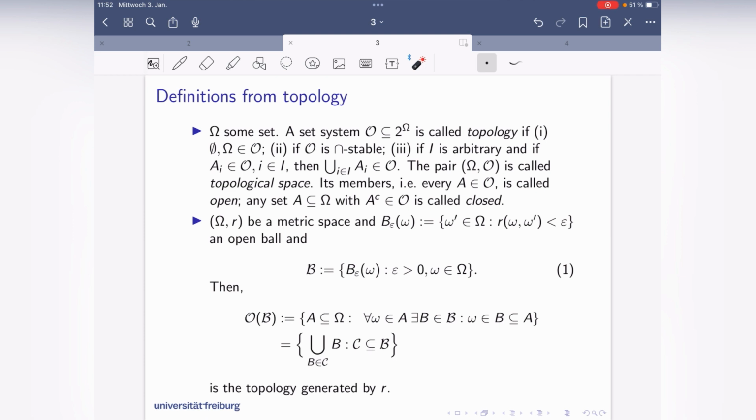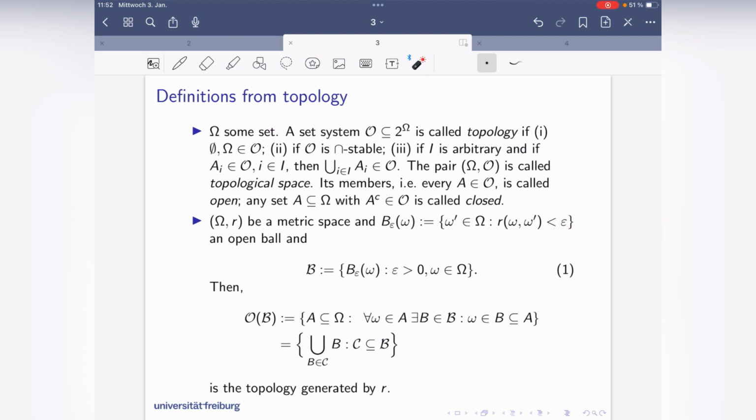Most often in probability and measure theory, what I'm doing here, I will have topological spaces which are defined by a metric. And that's maybe also what you heard in your first year of mathematics. So a metric space, you know what a metric space is, I'm not going to recall this. In metric spaces, I have something I call balls.